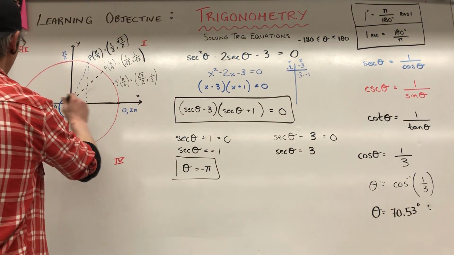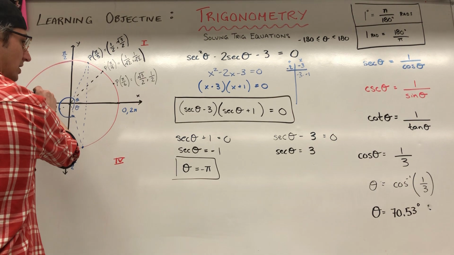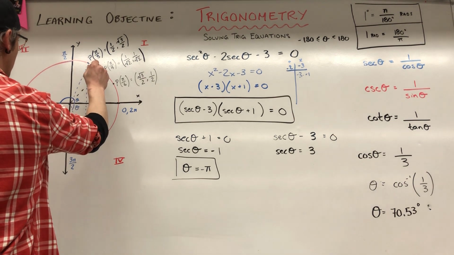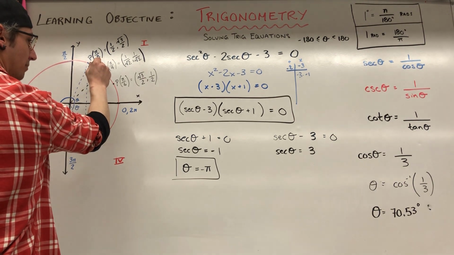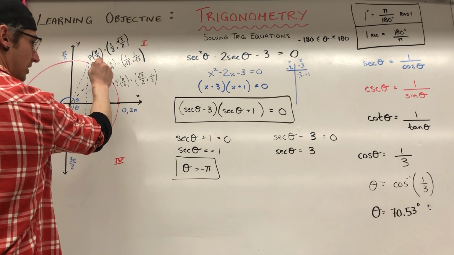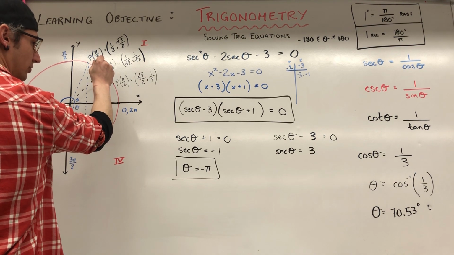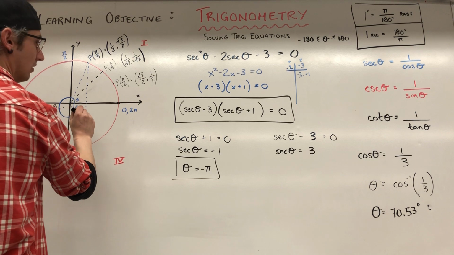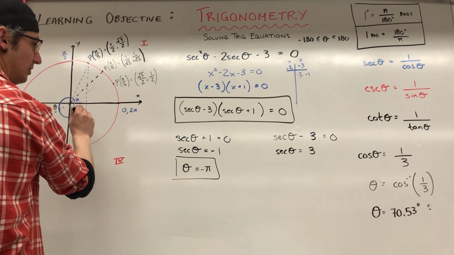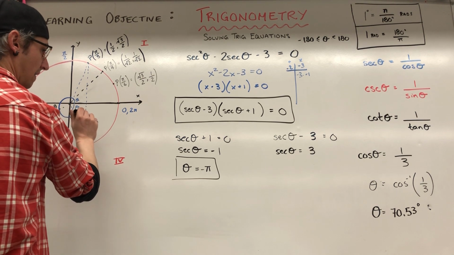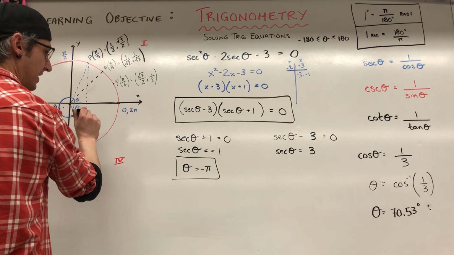So 70.53 degrees is up here. And then where else am I going to get a positive ratio? Cos is going to be positive down here as well.